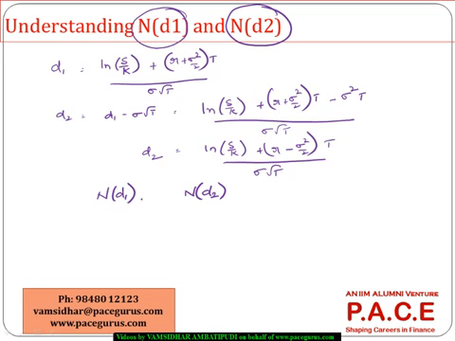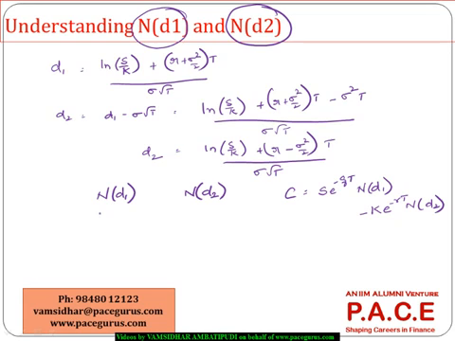This is what we typically compute, and after that we conclude that the price of a European call option is the spot price times e to the power minus qT, which is the present value of the continuous dividend, times N(d1), minus the present value of the strike price times N(d2). So this is what we give as the price of a call option.